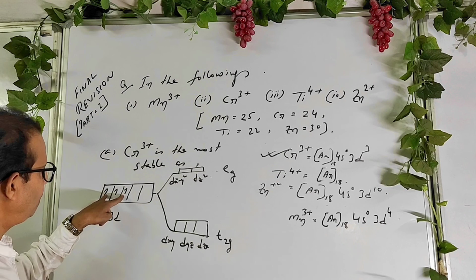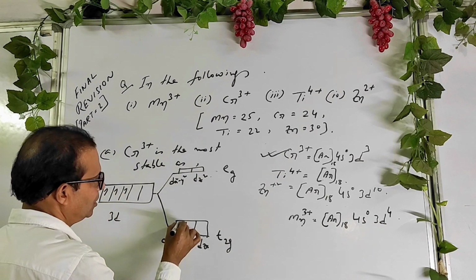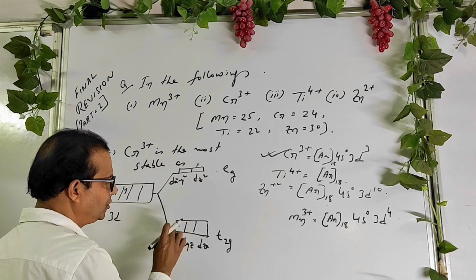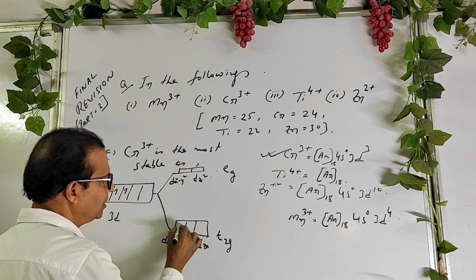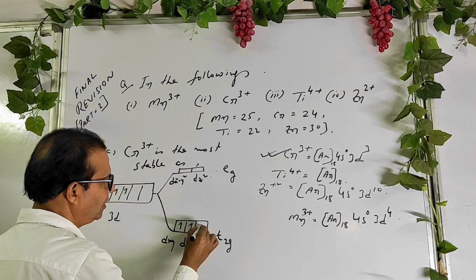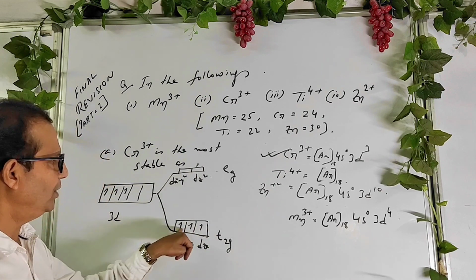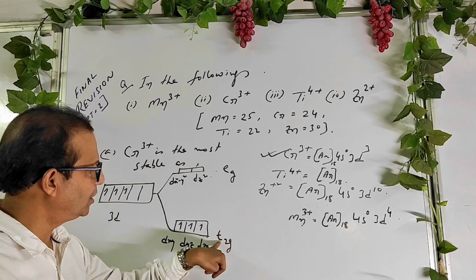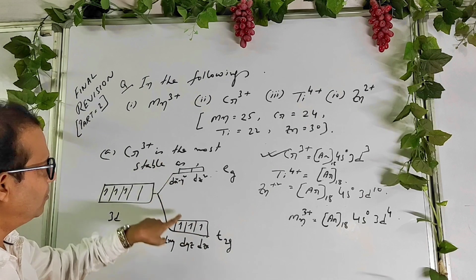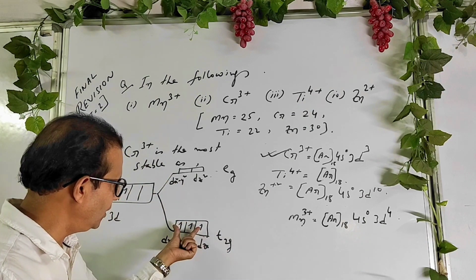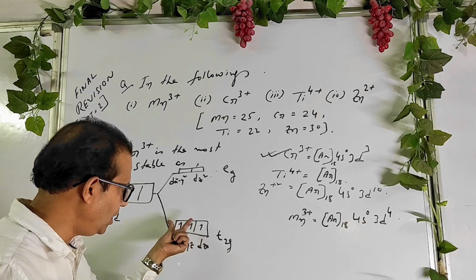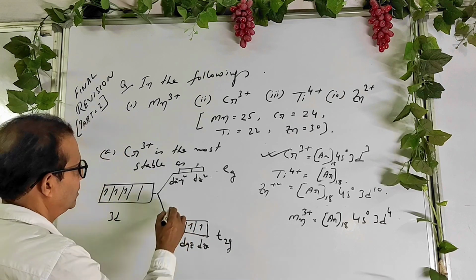If you fill up the 3 electrons according to Hund's rule, electrons fill from lower energy to higher, so 1, 1, 1. So it is half filled.